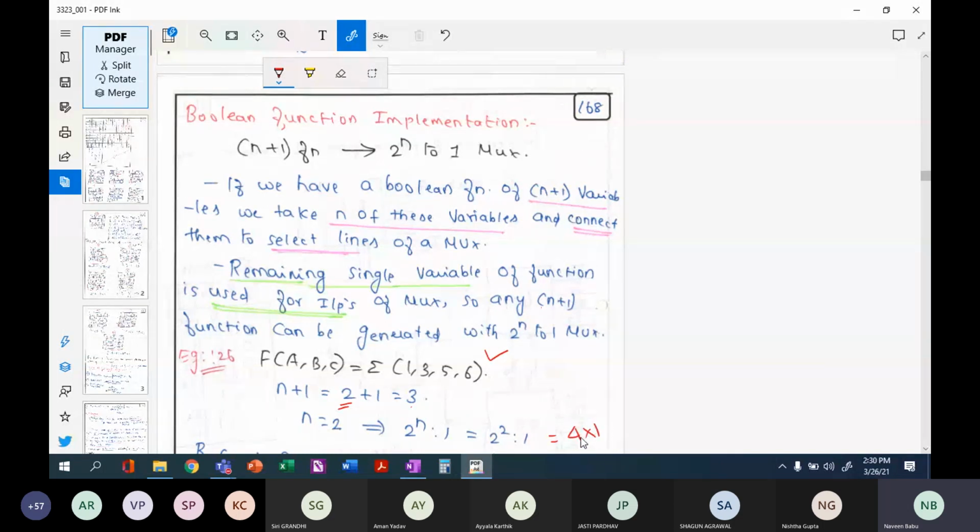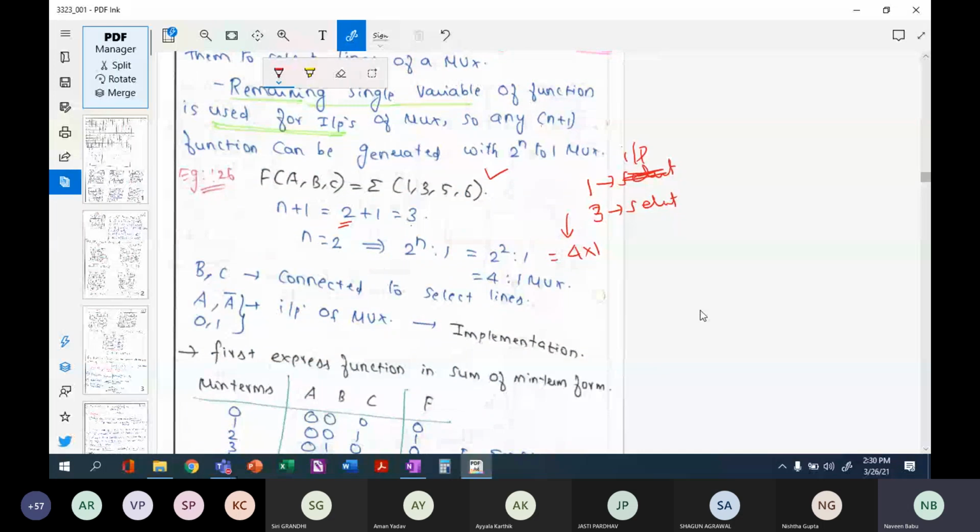What they say here is, use one variable as an input line and use the remaining ones as select lines. Let us take an example, then you will understand.